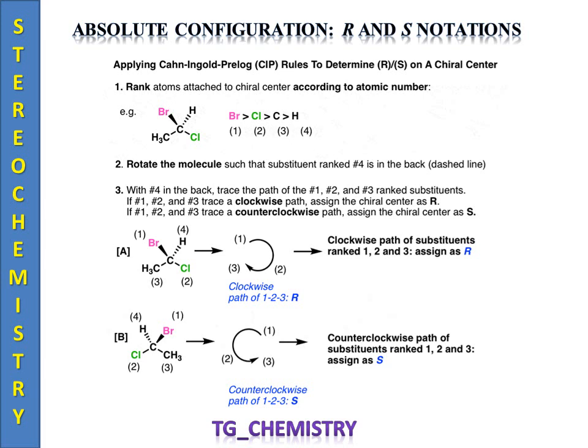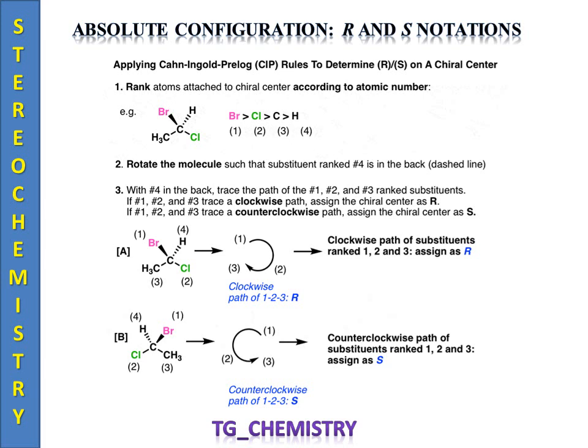That means a carbon center attached to the chiral carbon center in the middle. So the priority should be sequenced as follows: bromine is greater than chlorine, chlorine greater than carbon, carbon greater than hydrogen. So these are the sequence of 1, 2, 3, 4.